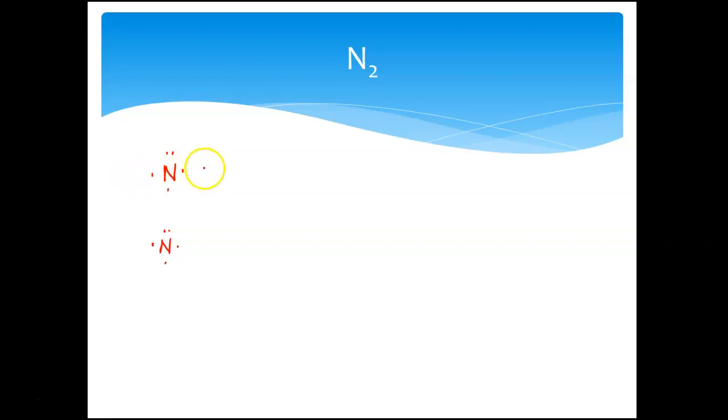There's one on the left, one on the right, and one on the bottom. We can already predict that we're going to have some types of situation here. So let's go ahead and start bonding it normally with each other. Okay, so they share their electron right over here. Okay, and then I have a single one here and a single one there.